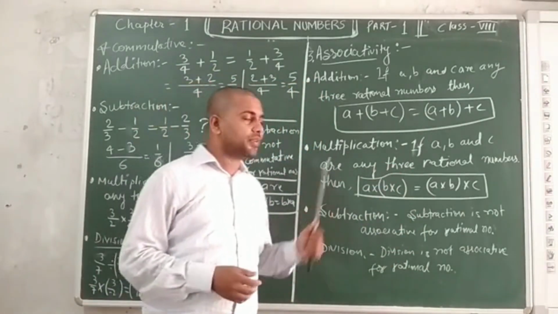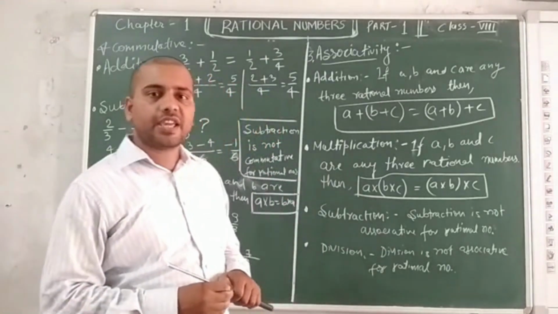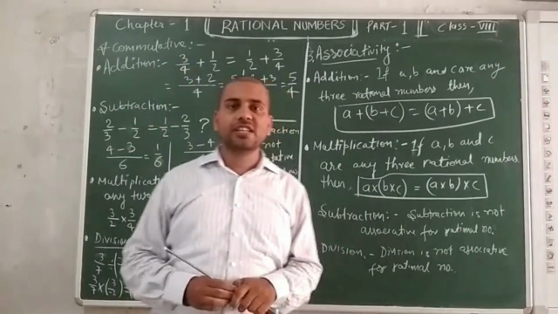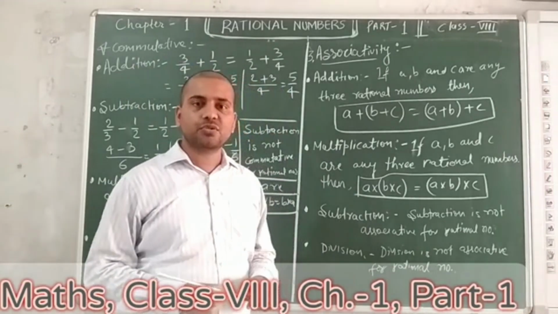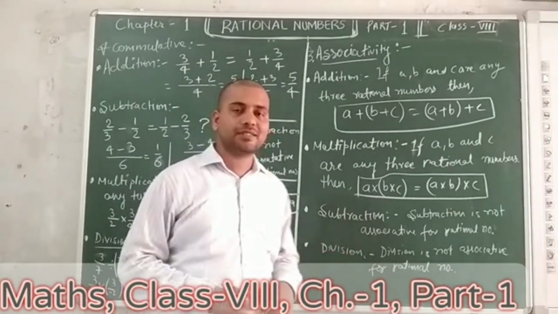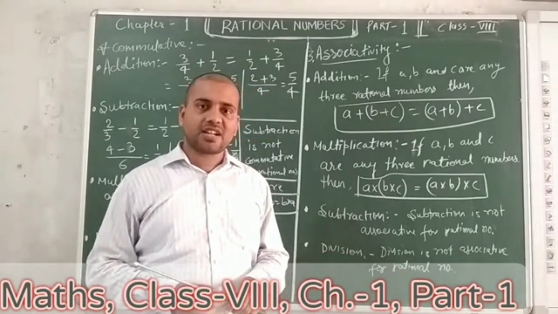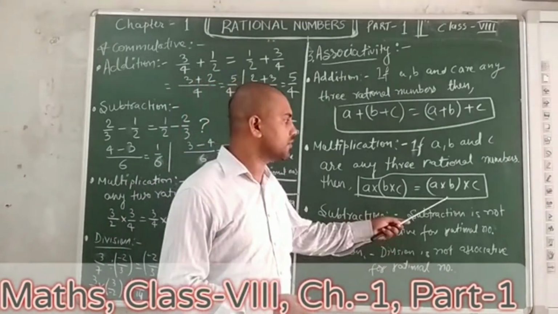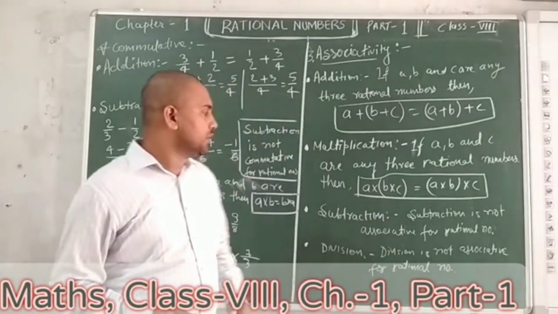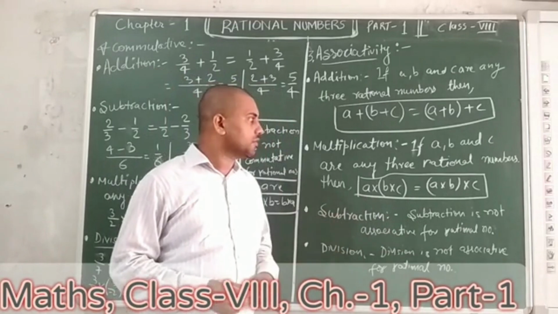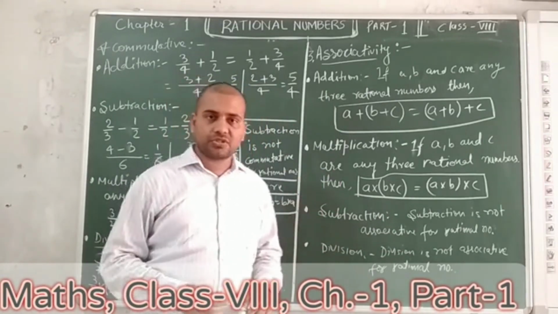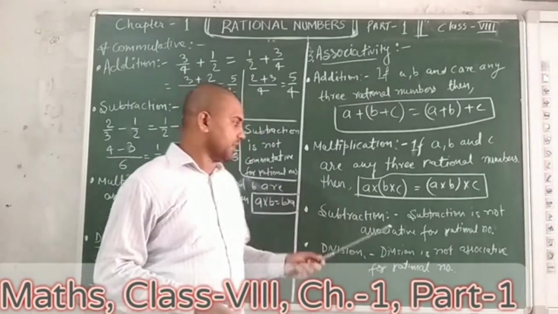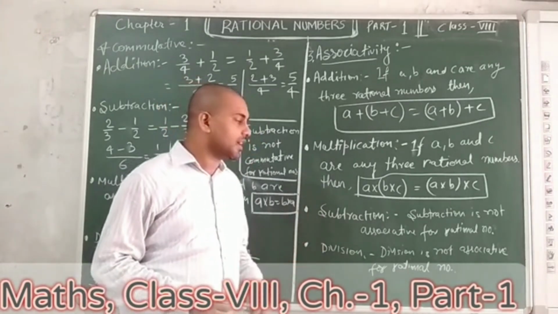And in case of multiplication, if a, b and c are any three rational numbers, then a into (b into c) is equal to (a into b) into c. So this is multiplication for associativity. Okay.